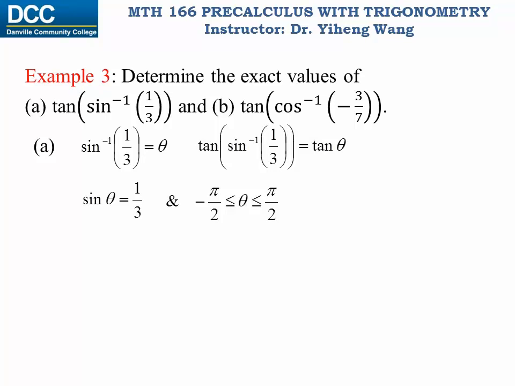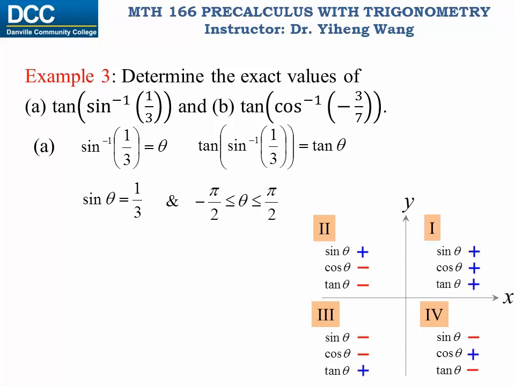And that tells us that this angle theta must be either in quadrant 1 or quadrant 4, and of course it could be along the y-axis as well. But once again, since sine theta is positive, that narrows it down to only quadrant 1. So we know for sure that theta belongs to quadrant 1, and therefore tangent theta must be positive as well.